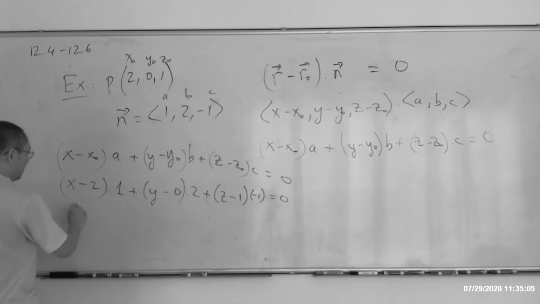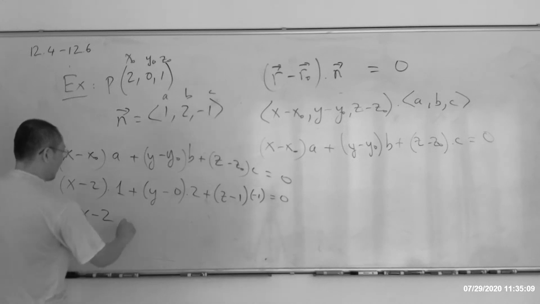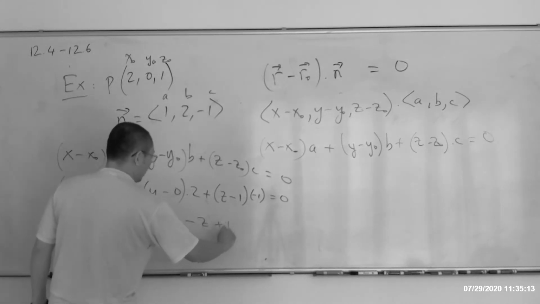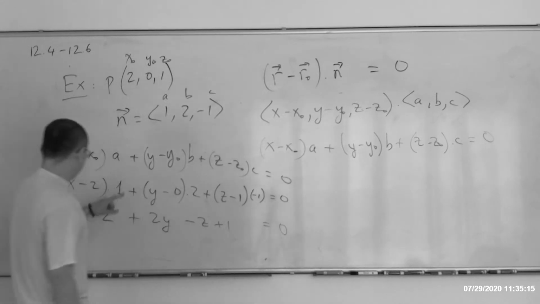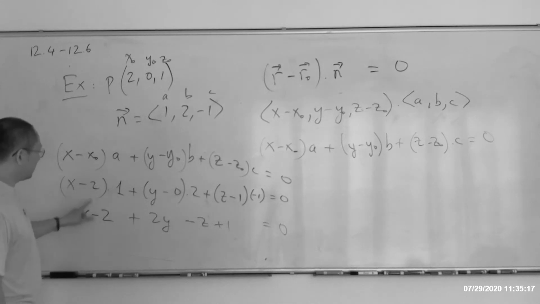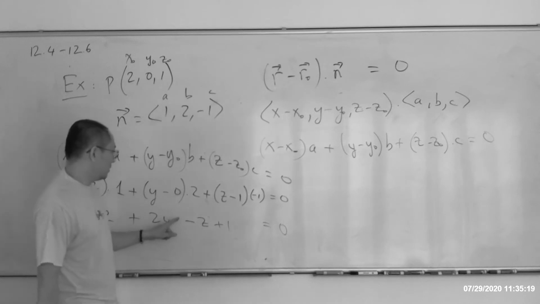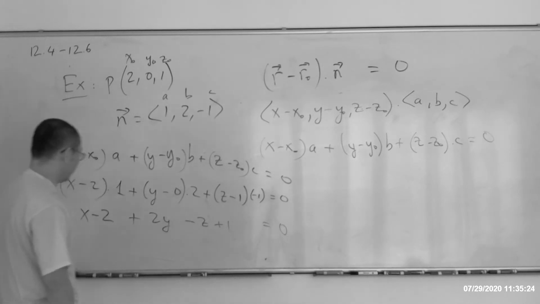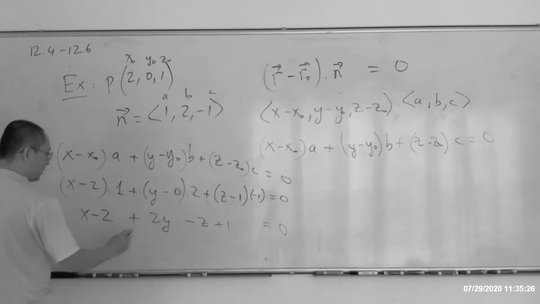This is what? X minus 2 plus 2Y minus Z plus 1 equal to 0. See? 1 times X is X minus 2, 2Y, 0, and what? -Z, and -1 times -1 is plus 1, equal to 0. Okay? Combine the like terms and numbers, what?